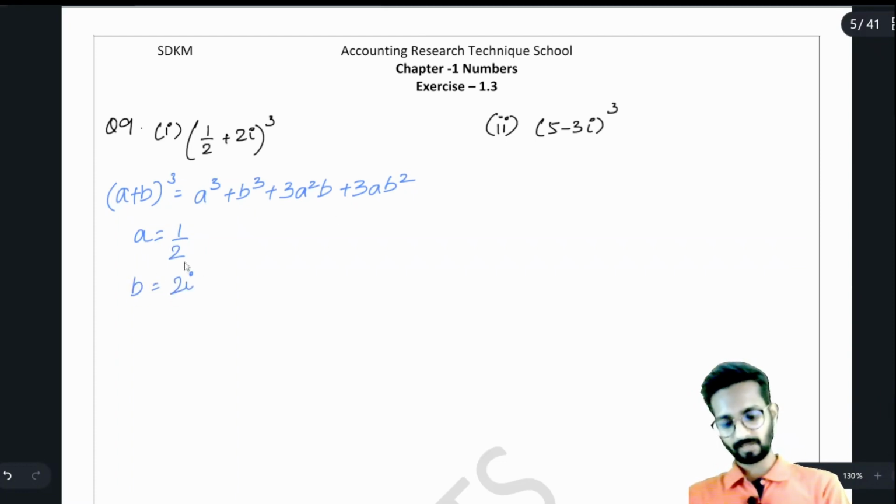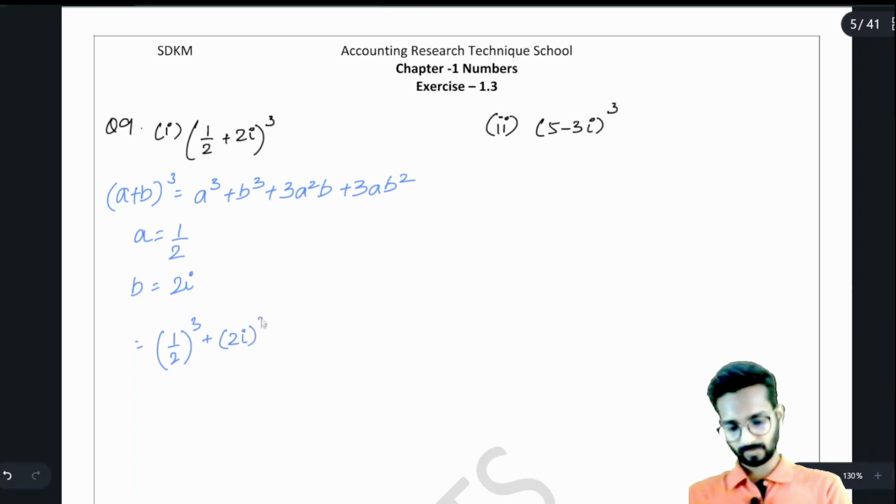Now a cube will become 1 by 2 cube, then b cube will become 2i cube, plus 3 times a square, which is 1 by 2 whole square, times b, which is 2i, plus 3 times a, which is 1 by 2, times b, which is 2i whole square.